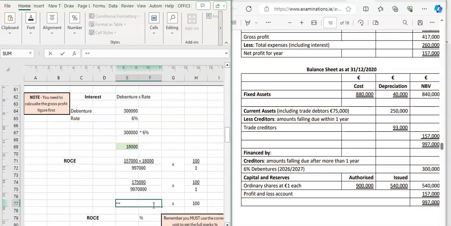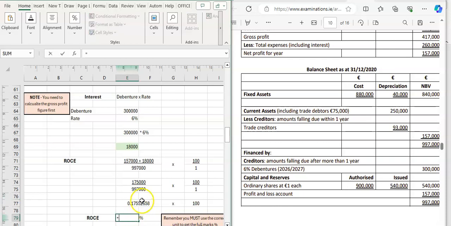So when we divide the 175,000 by 997,000, this gives us 0.17552. So it's 2 places of decimal. So the 2 means that we're going to keep the 55.